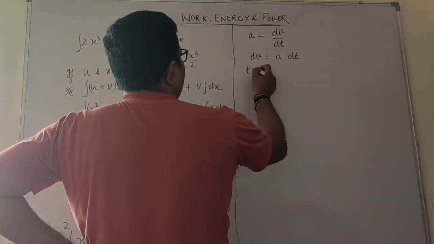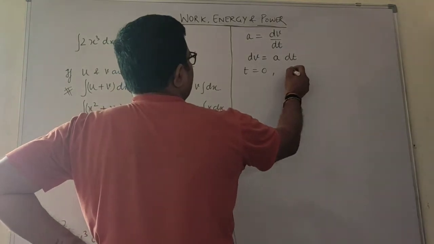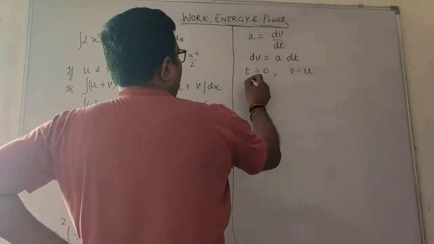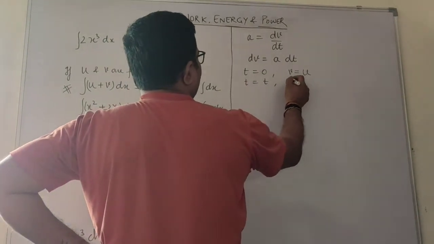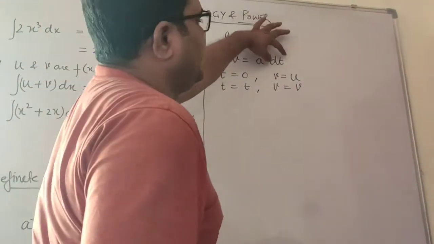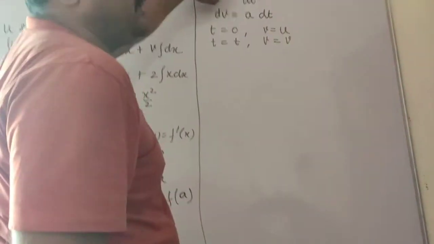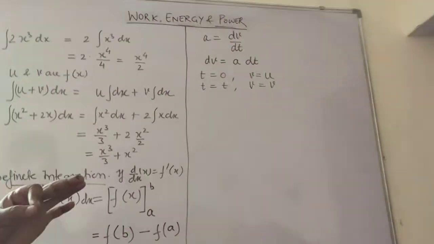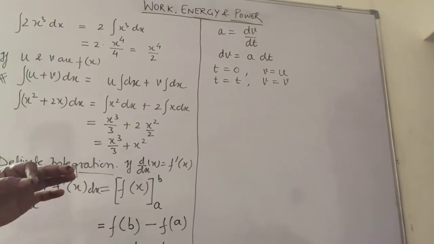Here see, at time t equals 0, the velocity will be the initial velocity. At time t equals t, the velocity will be the final velocity. So here the operator is in terms of time, and here the operator is in terms of velocity. Be careful, listen carefully and understand it carefully.